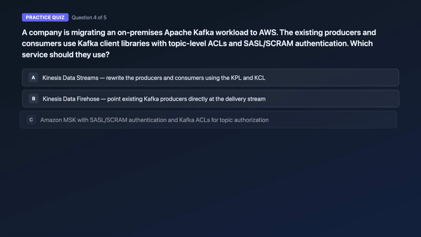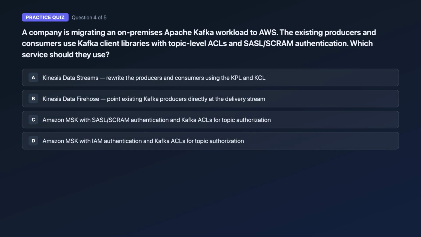Question 4. A company is migrating an on-premises Apache Kafka workload to AWS. The existing producers and consumers use Kafka client libraries with topic-level ACLs and SASL/SCRAM authentication. Which service should they use?